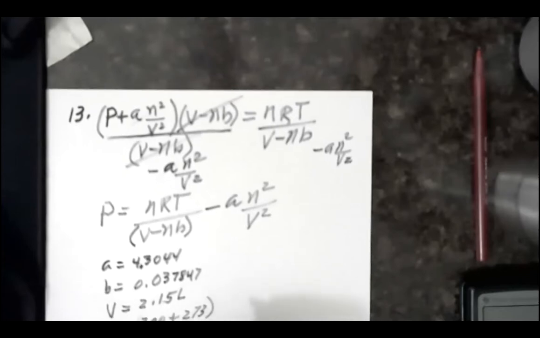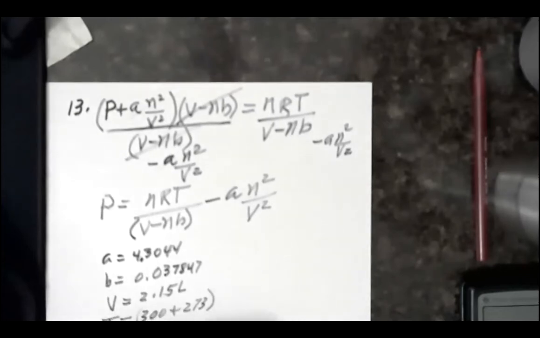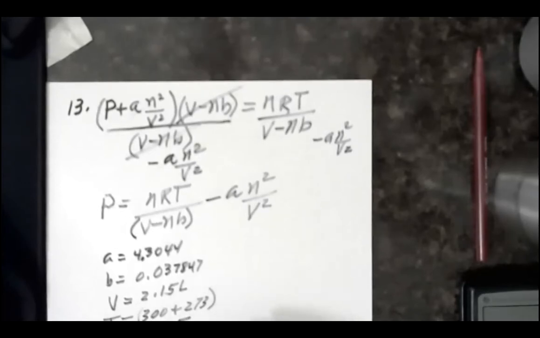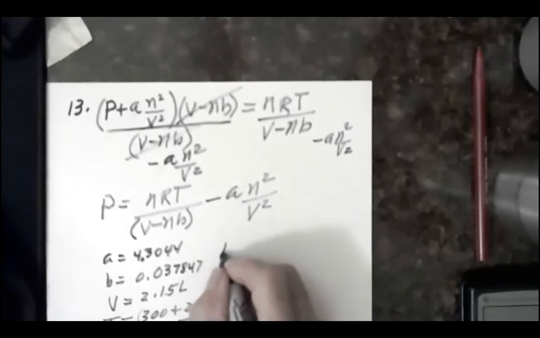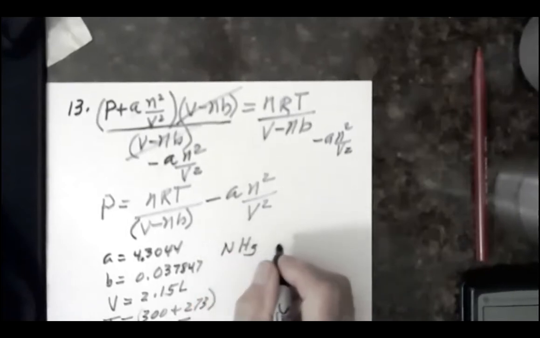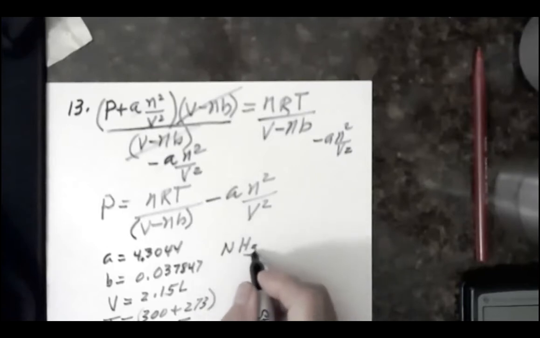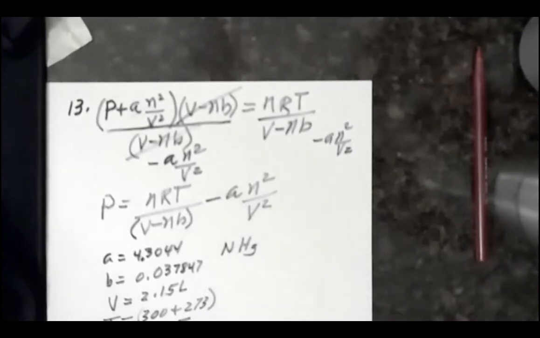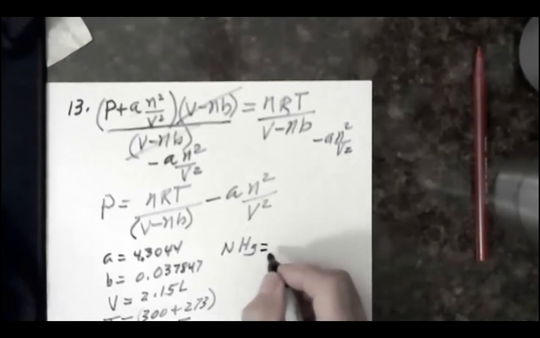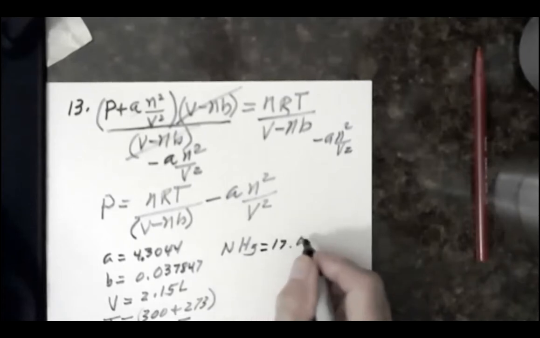And my N, the number of moles, is 24.5 grams divided by the molecular weight of ammonia. You have to know ammonia is NH3. So it's 14.01 plus 3 times 1.008. I get the molecular weight is 17.034.